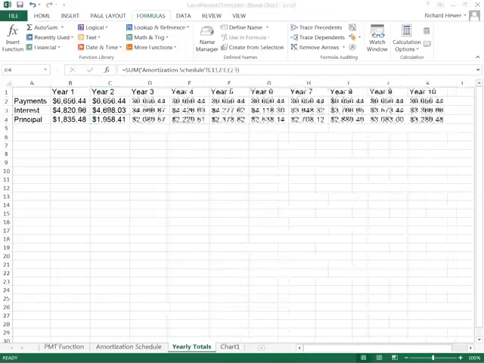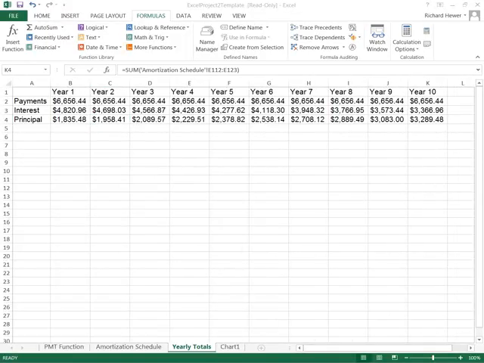Okay, I'm resuming now, and as you see, I have added now in for the 10 years. What's happened is all of these numbers are the same. These numbers decrease by approximately the same amount every year.